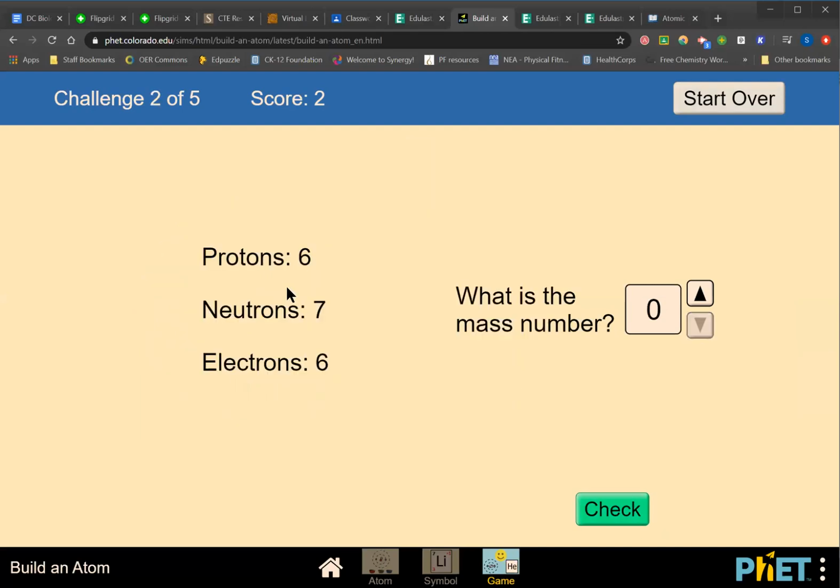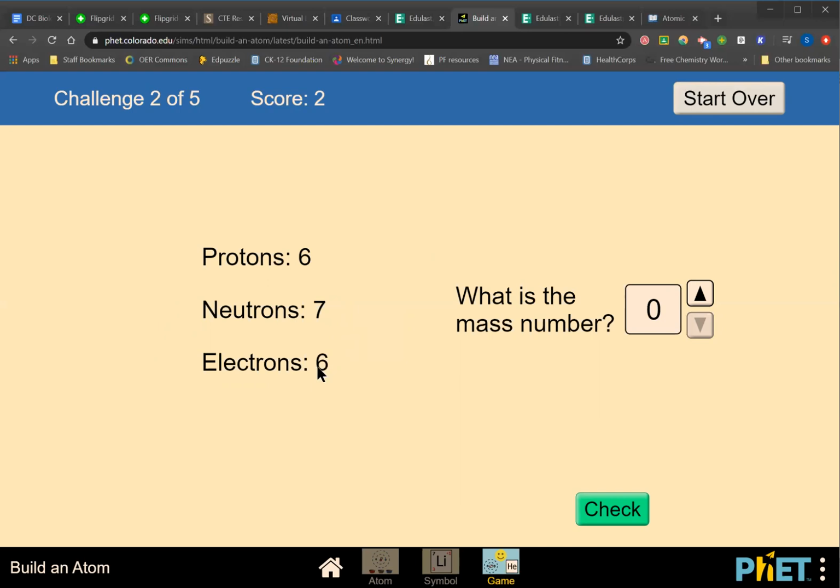Now if it has 6, 7, and 6, what is the mass number? Again, protons and neutrons each weigh 1 apiece. So all I have to do is add these up. So 6 plus 7 is 13. If I added the 6, does 6 weigh 1?